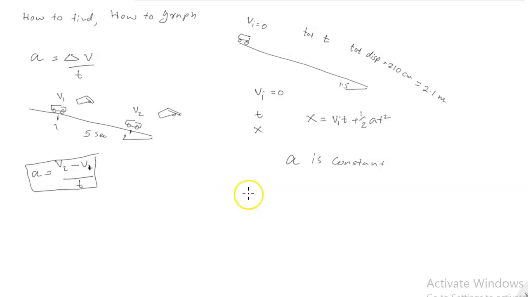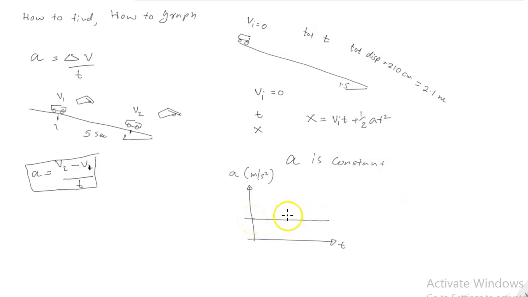How do you draw the graph? Here's the time axis, here's the acceleration axis, meters per second squared. Whatever that acceleration is, you calculate the number, whether it's 2 meters per second squared or 0.5 meters per second squared, you mark it on this side, and then it has to be a horizontal line.